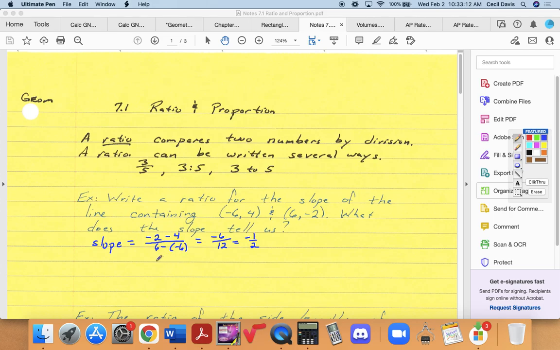What does the slope tell us? Well, this slope tells us that this line moves down one space each time it moves to the right 2 spaces.